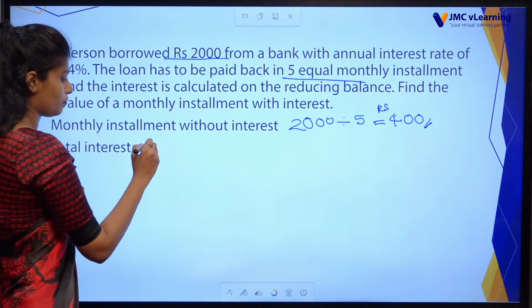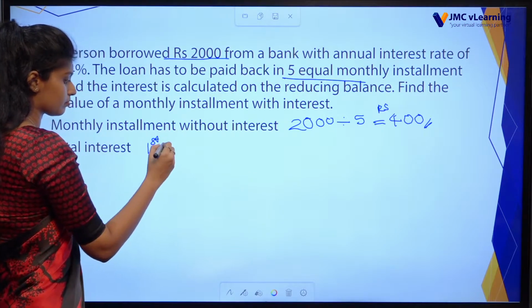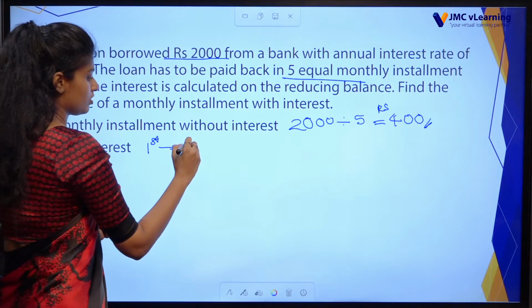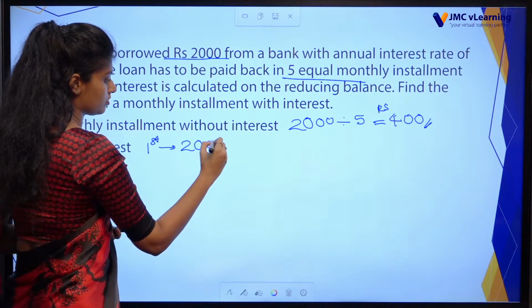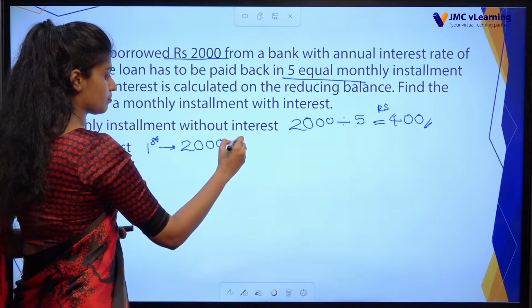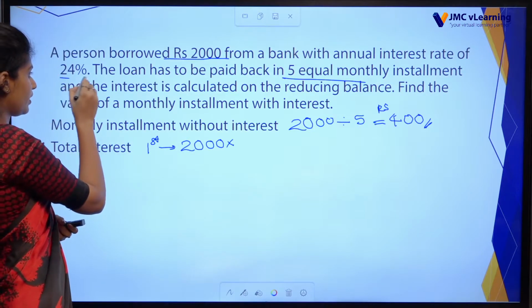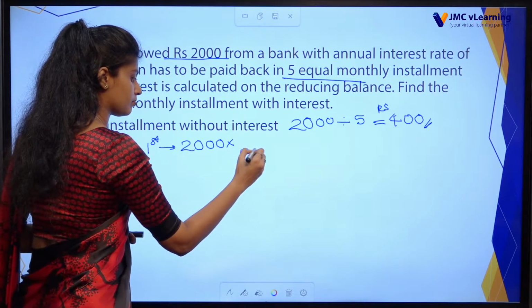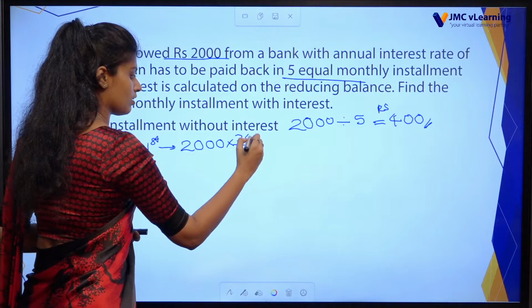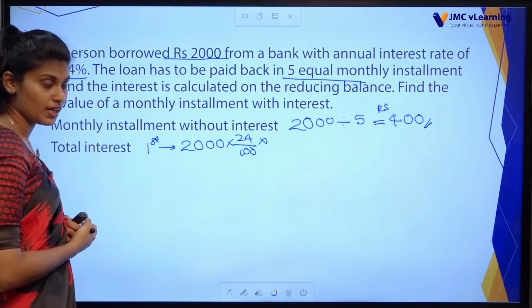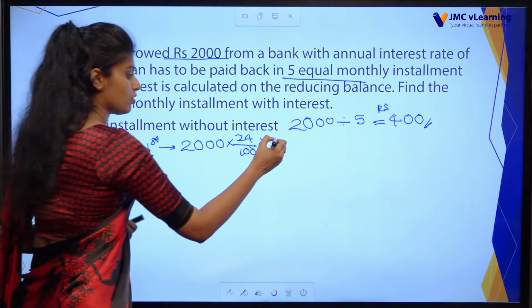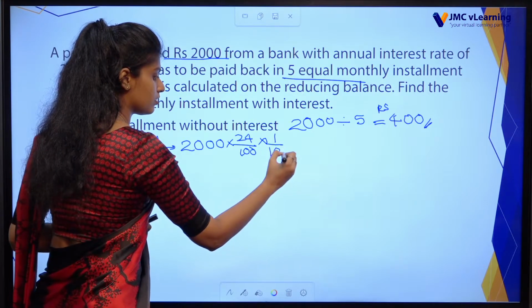You have to find the total interest. Let's find for first month 2000 rupees, 24%. You have to find the monthly installment, so have to divide by 12.